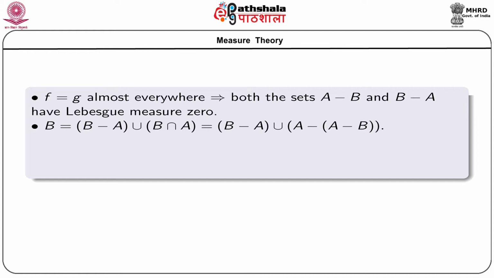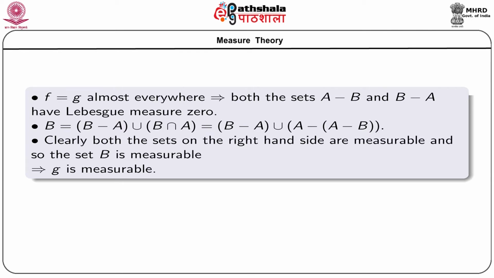Now, we can write the set B as (B minus A) union (B intersection A), which is equal to (B minus A) union (A minus B). Clearly both the sets on the right hand side are measurable, and so their union, the set B, is also measurable, and this shows that the function g is measurable.